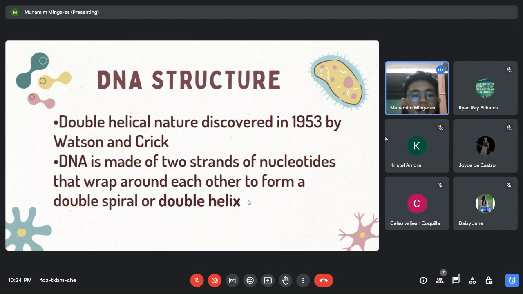RNA is generally synthesized as needed and doesn't undergo the same replication process as DNA. In summary, DNA is the primary genetic material storing information for cellular activities, while RNA acts as a messenger and participant in protein synthesis, among other functions.